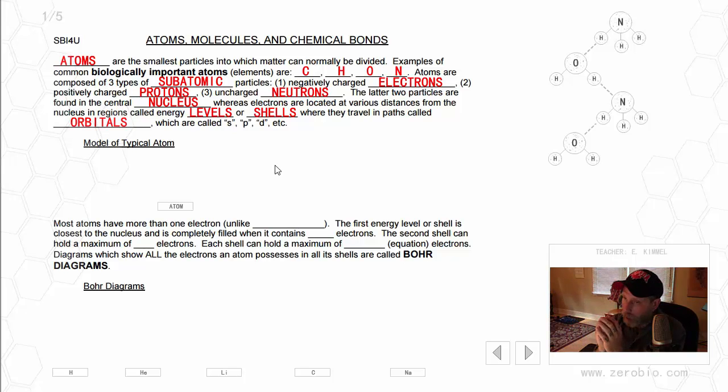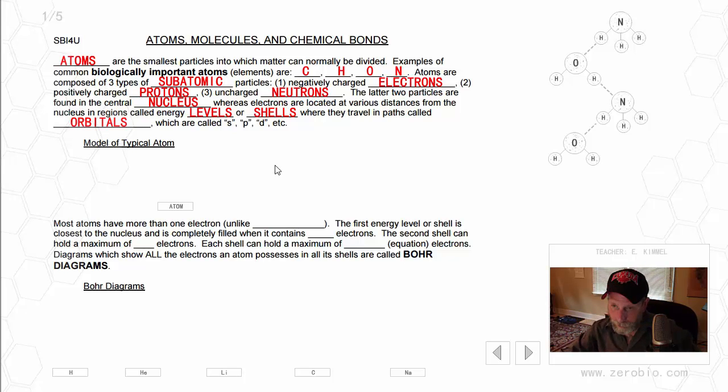Well, electrons are tiny microscopic structures. So the actual roads that they follow are called orbitals. So electrons orbit the nucleus, but the paths that they take are called orbitals. Those orbitals, those roads that the electrons take, can be at various distances from the nucleus. And so those are the energy levels or shells.